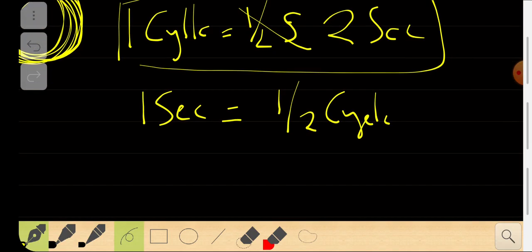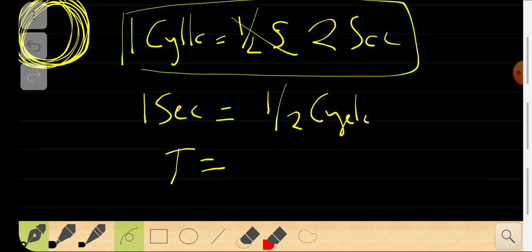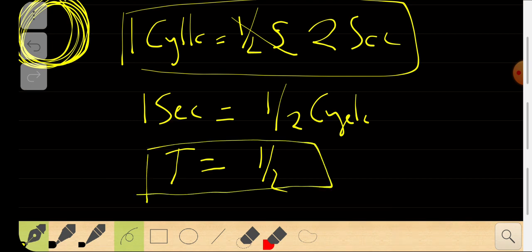What you did was, you just found out the time by dividing by the factor 1 by 2. So in 1 second it's going to be half a cycle. That's how you can find out the frequency.